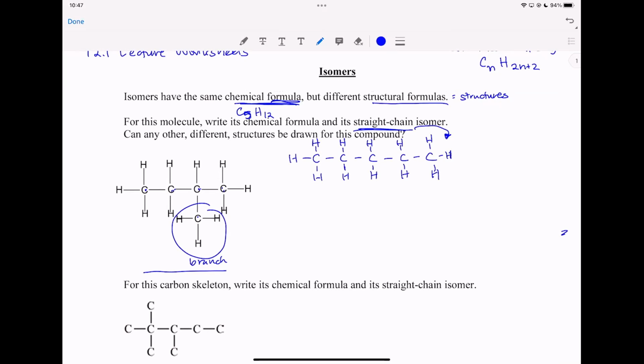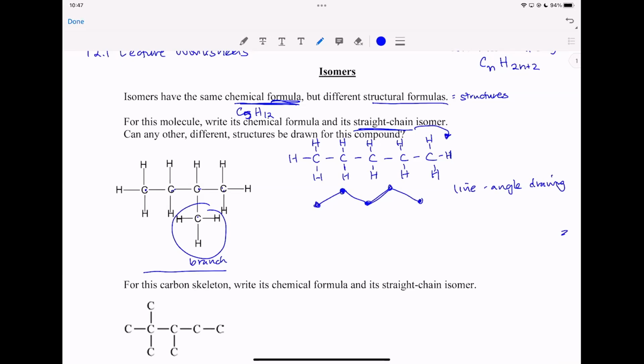So let's show this as the line angle drawing. So the line angle drawing is going to be 1, 2, 3, 4, 5 carbons. This is called the line angle drawing. You don't have to do any symbols if you have carbons.